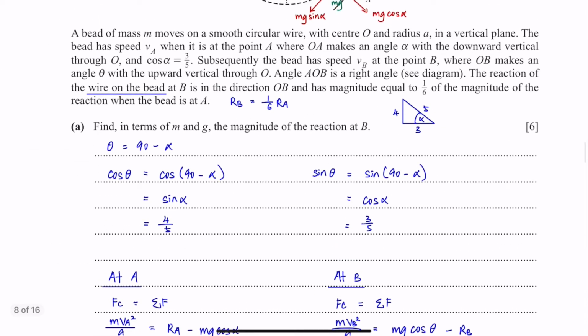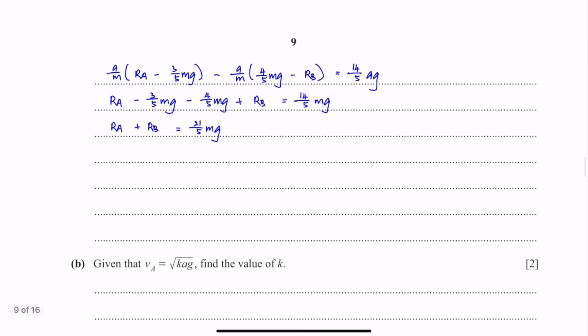And from the question we know that Rb equals 1/6 of Ra, so Ra would be 6 times Rb, and 6 Rb plus Rb would be 21 over 5 mg, and Rb would be 3 over 5 mg.